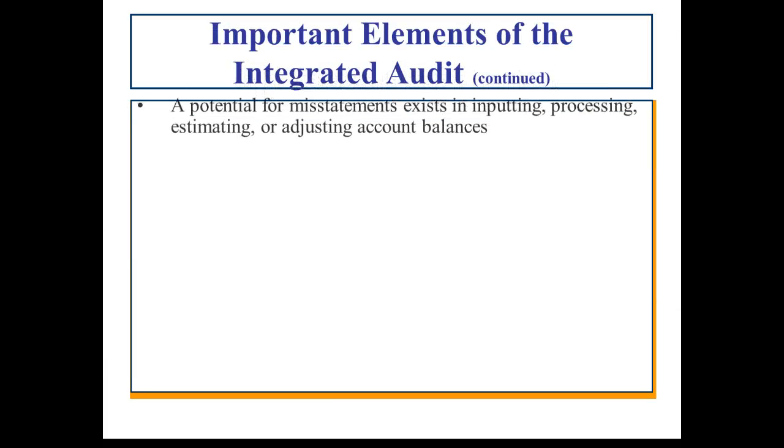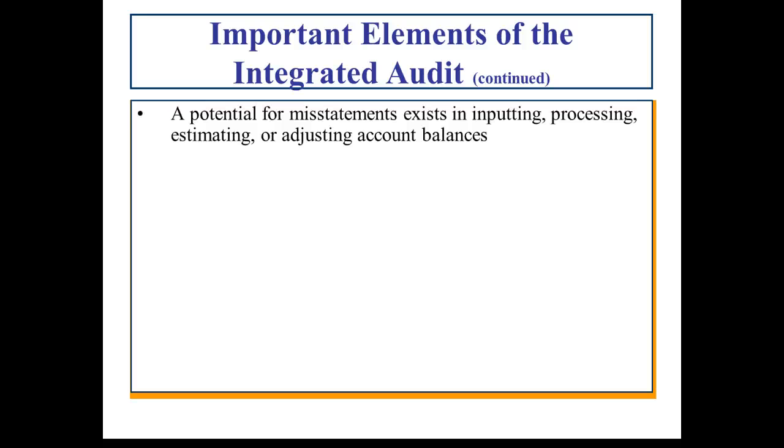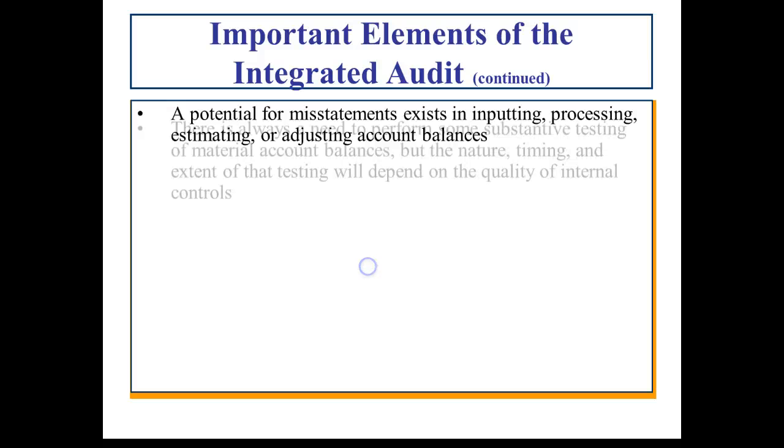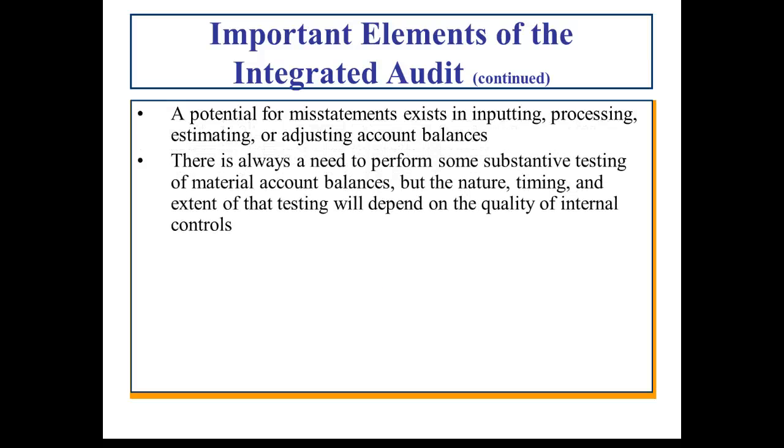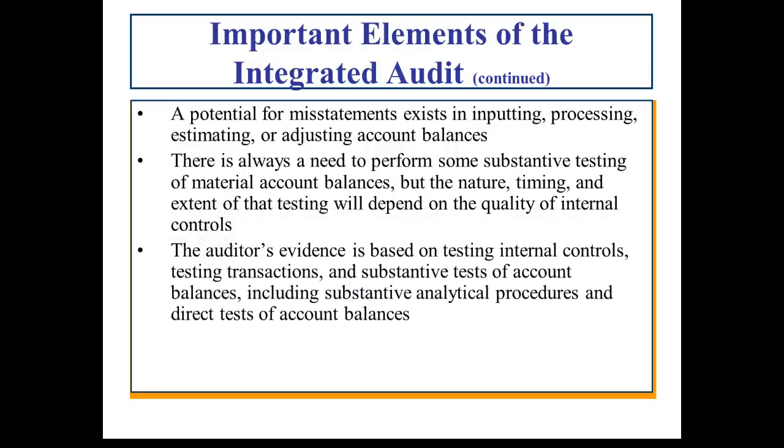So as we move on, a potential for misstatements exists in inputting, processing, estimating, or adjusting account balances. There's always a need to perform some substantive tests of material account balances, but the nature, timing, and extent of those tests will be dependent upon the quality of internal controls. Think of it this way.